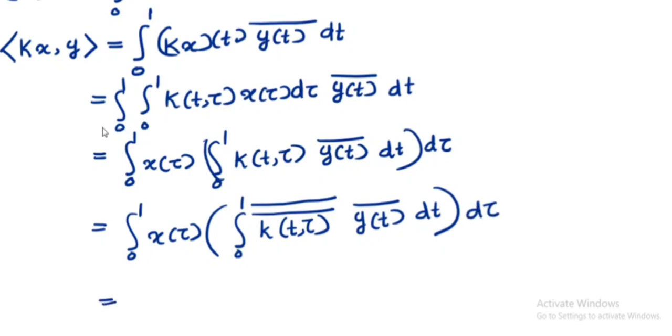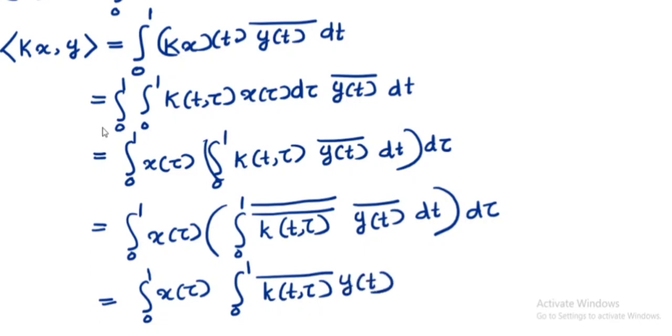And this is equal to the integral from 0 to 1 of x(tau), and the integral from 0 to 1, we join these two terms, k(t, tau) conjugate y(t), then whole conjugate dt.